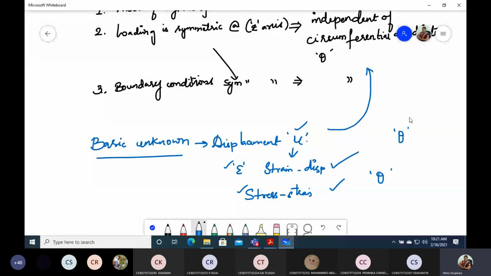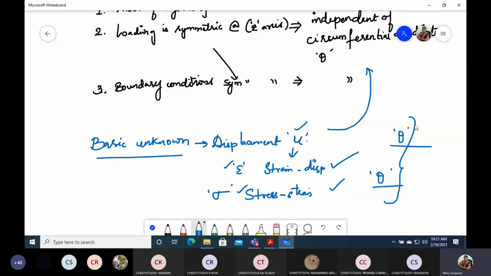The reason for mentioning this is that wherever there are stress terms or strain terms with respect to theta, when we consider the governing equations, all those terms will become zero, because in partial differentiation the constant terms become zero. So U, epsilon and stress sigma, all three are independent of theta.